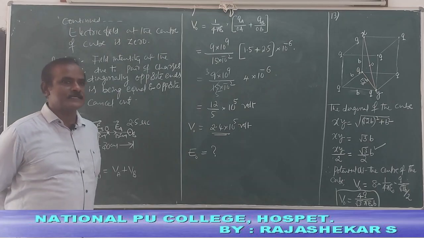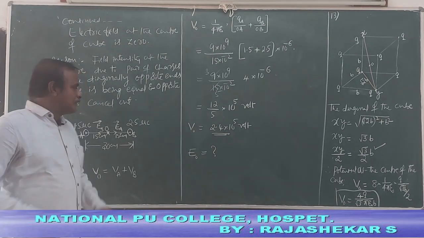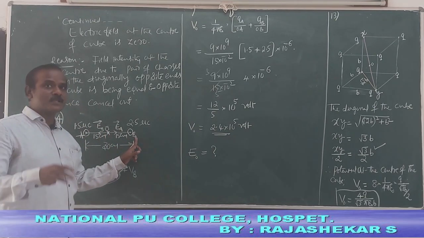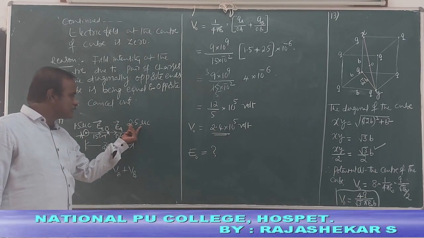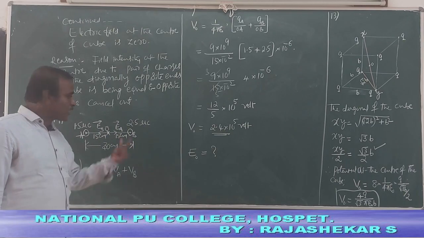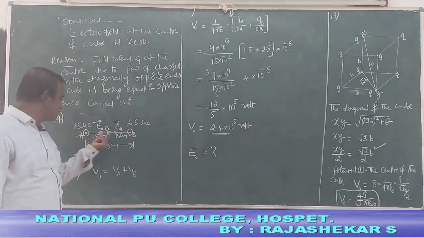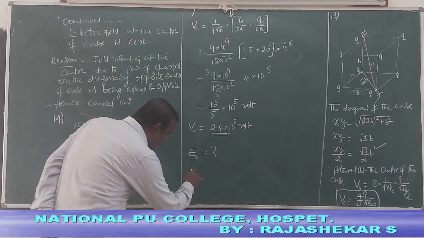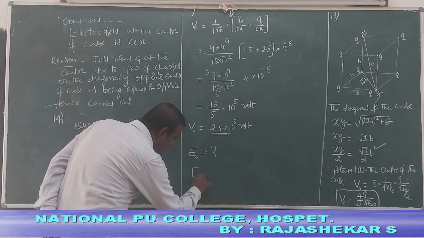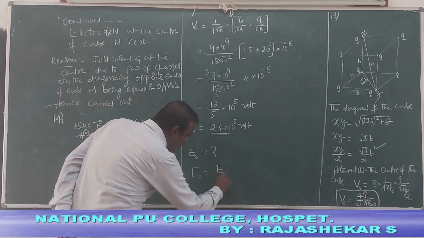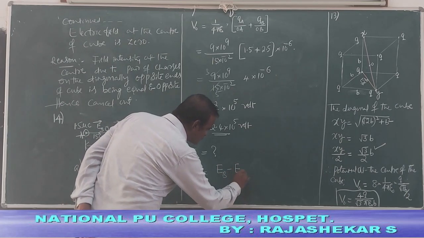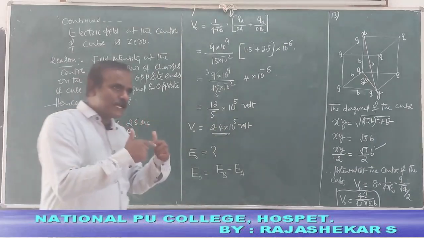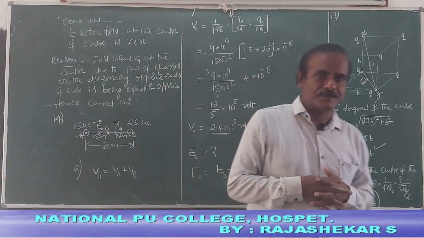Henceforth, definitely field intensity at O due to the charge at B is large because its magnitude is large. Charge at B has larger magnitude. Charge at A has lesser magnitude. Therefore, to find field intensity at O, it will be EB minus EA, students, in magnitude, because they are on the same line, opposite in direction.